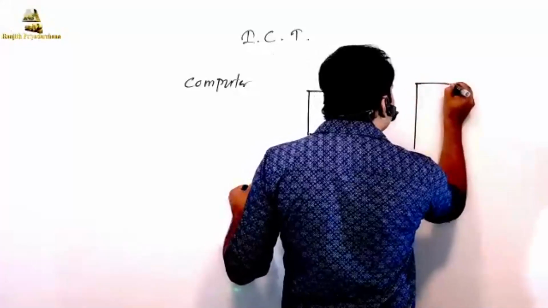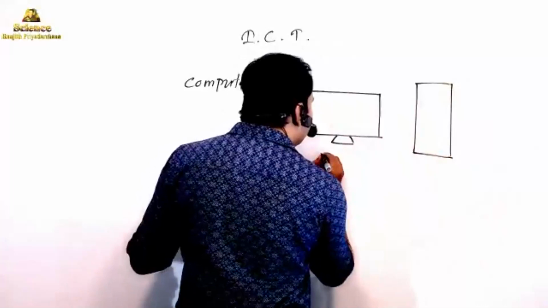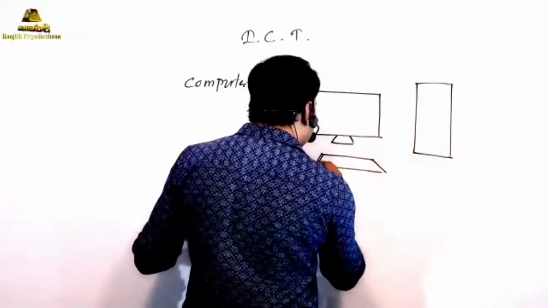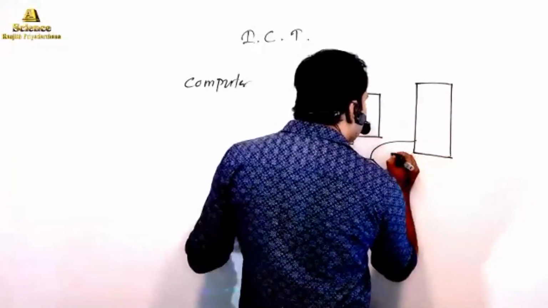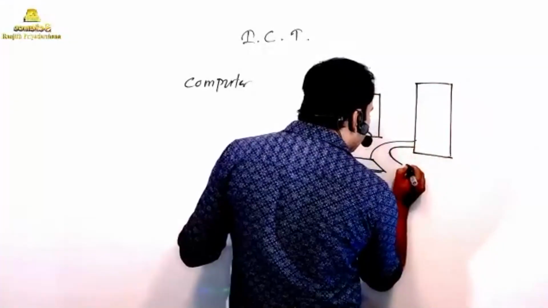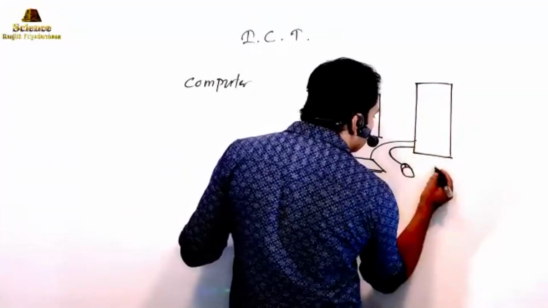tower system unit, okay. You're using an input device to this what? Keyboard, and to move your location of the mouse pointer, you are using another input device. What's that? Mouse.